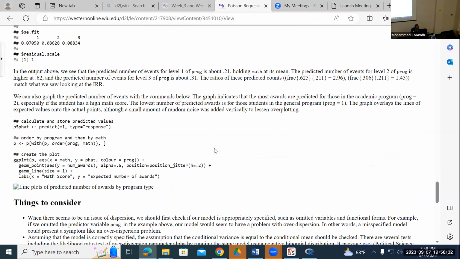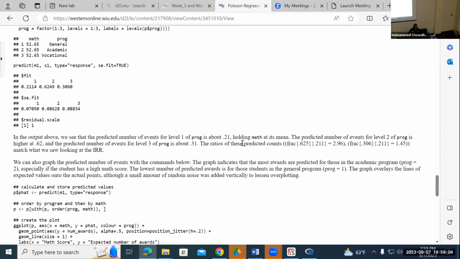In the above output, we see that the predicted number of events for level 1 of program is about 0.21 holding math at its mean. The predicted number of events for level 2 of program is higher at 0.62, and the predicted number of events for level 3 of program is about 0.31. Now they find the ratio. The ratio of these predicted counts matches what we saw looking at the IRR.